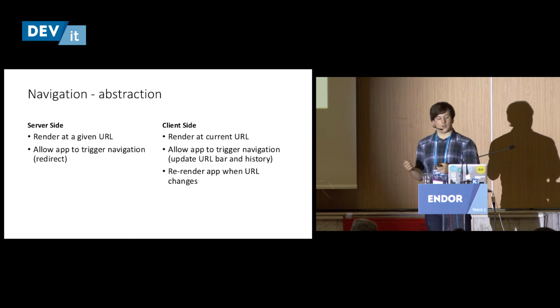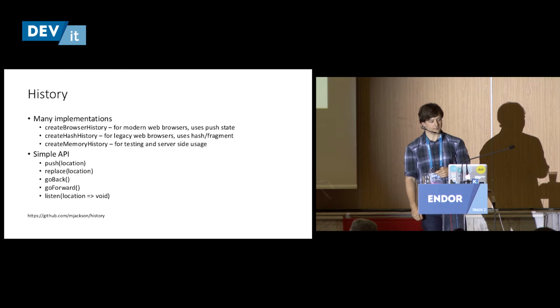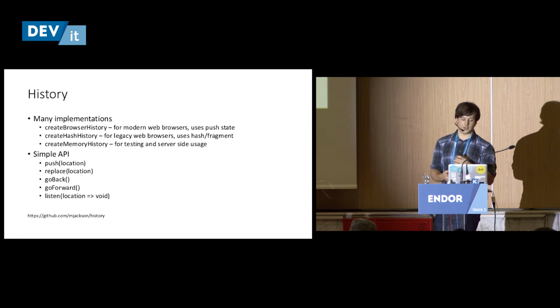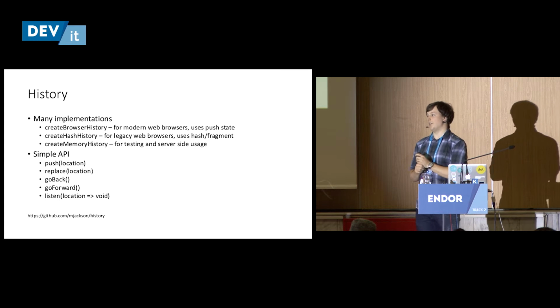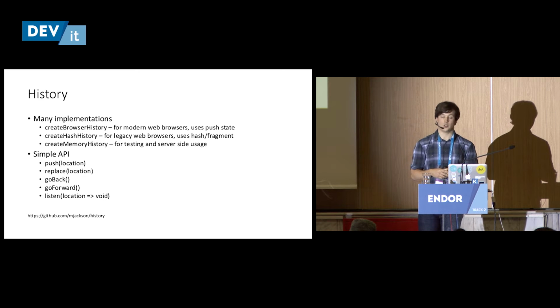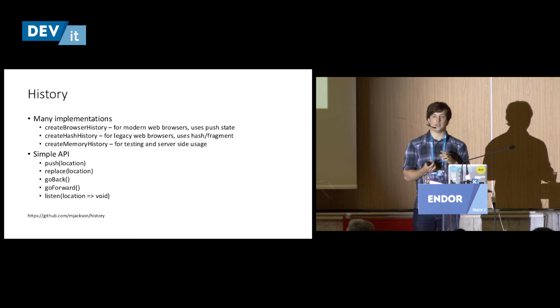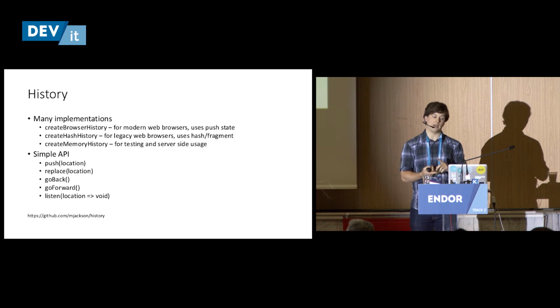On the client side, we also then need to re-render the app whenever the URL changes. So there is a library on NPM, a JavaScript library, sorry, called History. And it brilliantly abstracts away these different environments for us. It provides many implementations: a browser history, a hash history, and a memory history.